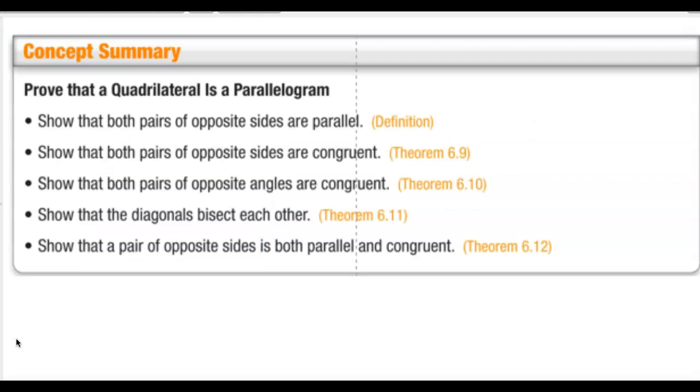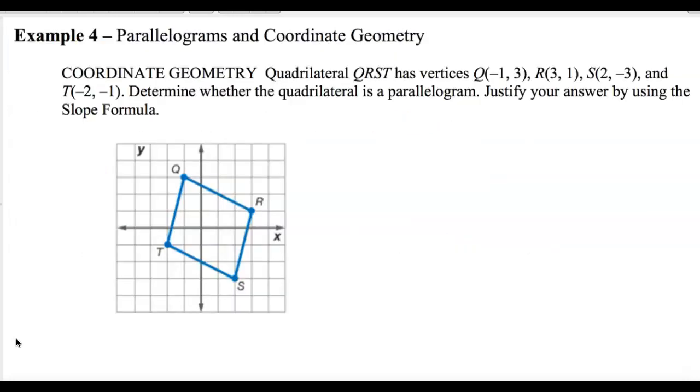Alright, so in coordinate geometry, we are going to determine whether the quadrilateral is a parallelogram and justify your answer by using the slope formula. In this case, if we could just prove that both pairs of opposite sides are parallel, that will be enough to prove that it is indeed a parallelogram.